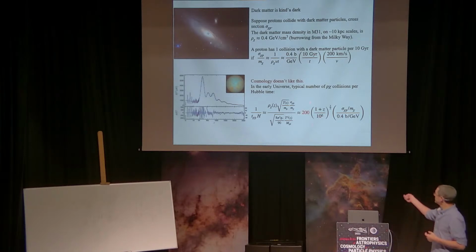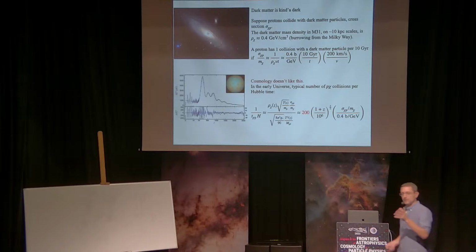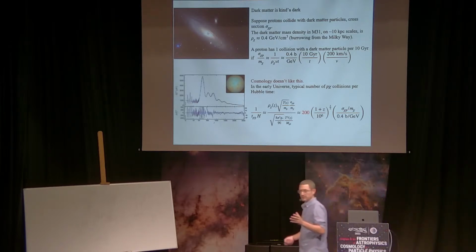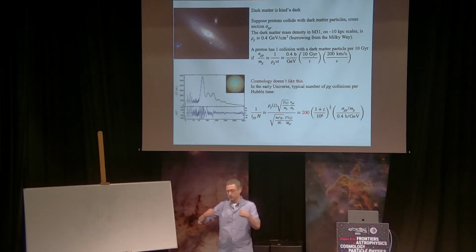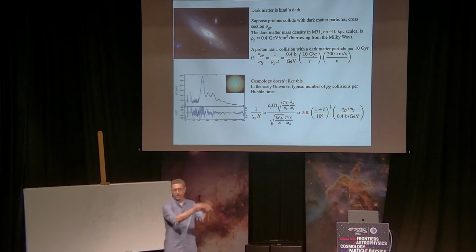So I chose to normalize things by a redshift of 10 to the 6 because that is roughly the moment in cosmic history when the universe produced collision kinematics that are very similar to the collision kinematics that would be relevant in our galaxy, for the proton in our galaxy.